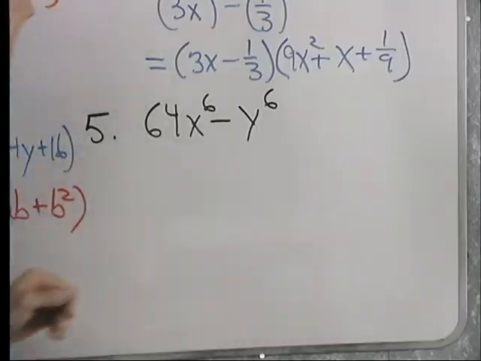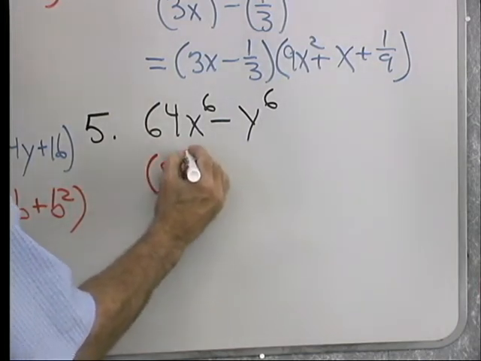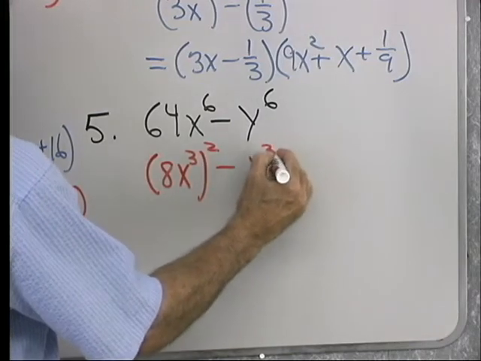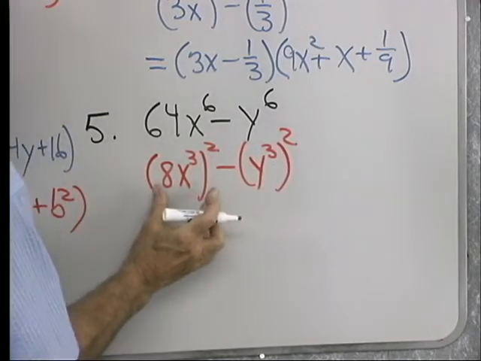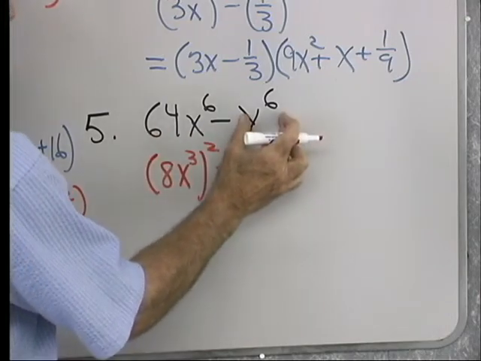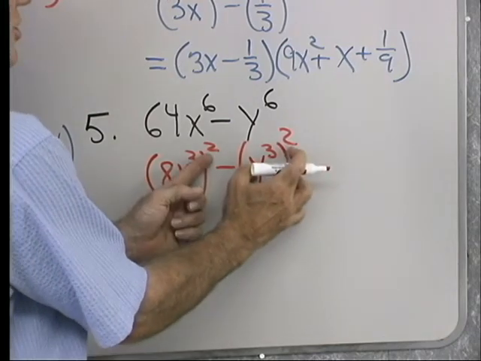Here we go. I'm going to look at this as (8x cubed) squared minus (y cubed) squared. This is still 64x to the 6th. This is still y to the 6th. But the form now is of the difference of two squares.